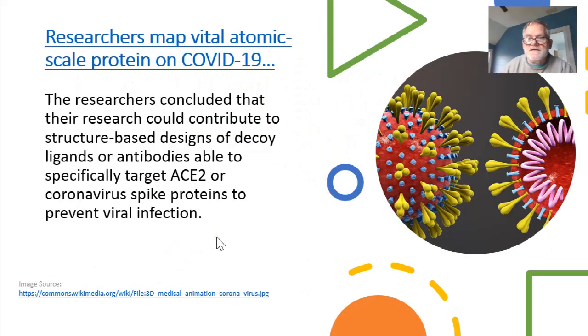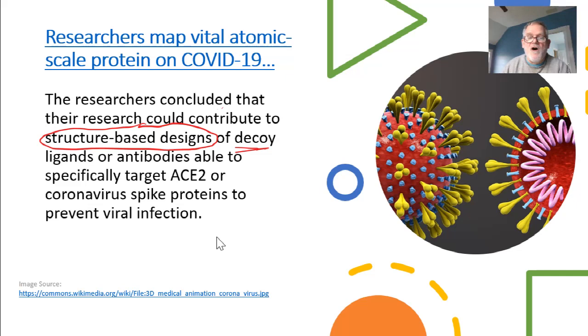So what's the conclusion of this particular research? Researchers have concluded that their research could contribute to the structure-based design of decoy ligands or antibodies able to specifically target ACE2 or coronavirus spike proteins to prevent viral infection.